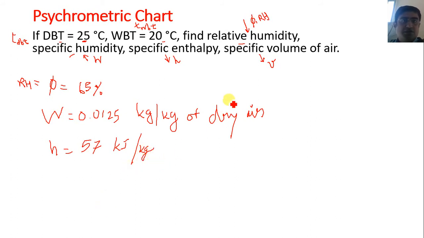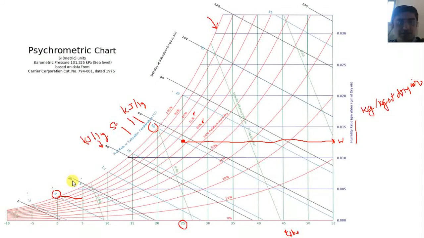And also if you want to find out the value of specific volume at that intersecting point, then how can you find it? Here is the first line of specific volume, second line and third line. On this line the value of specific volume is 0.85, and on this line the value of specific volume is 0.90.